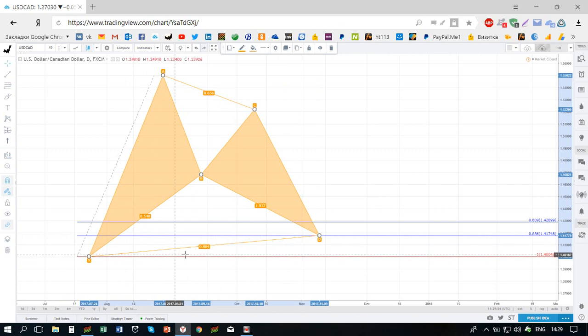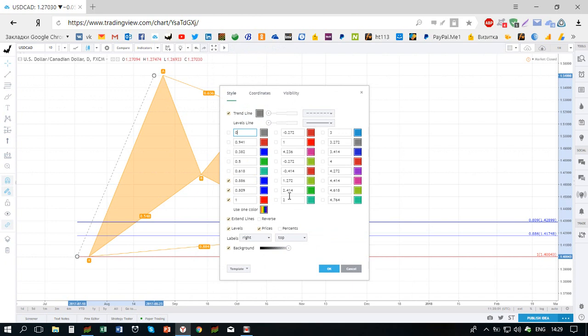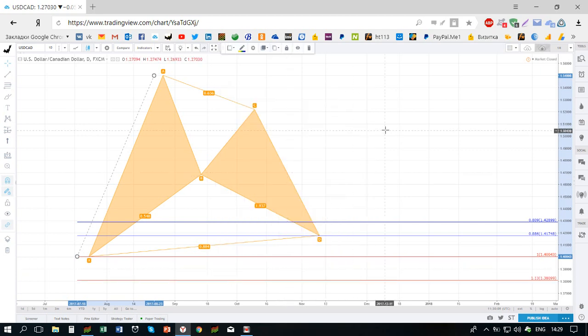And in conventional rules, it is said that stop loss should be placed at 113. So let me enable 113 as well. The larger the XA leg, the larger will be your 113 level, and so on and so forth.